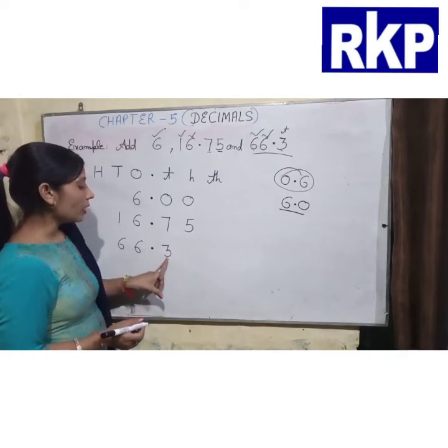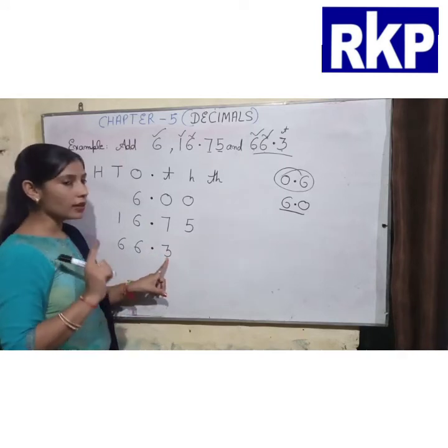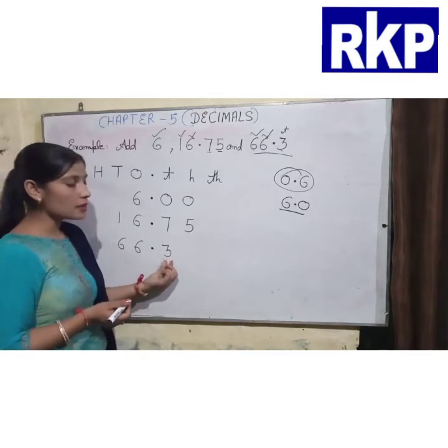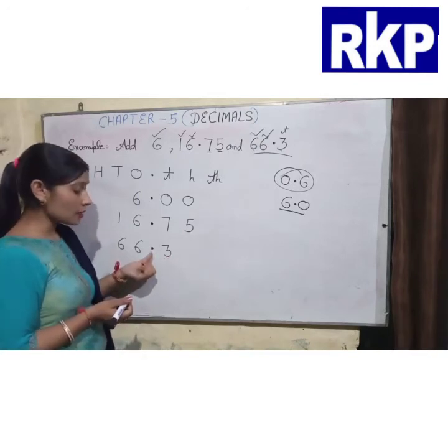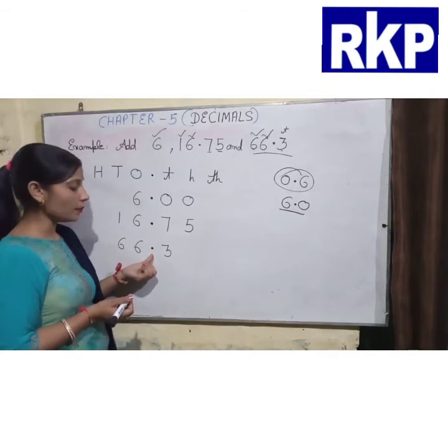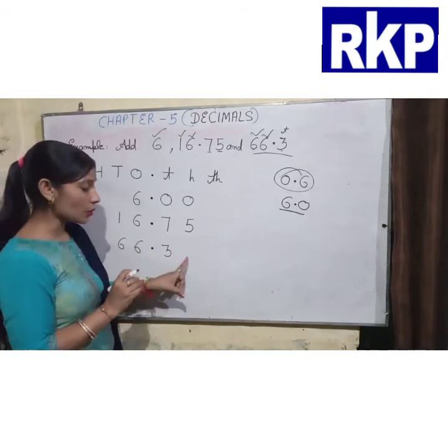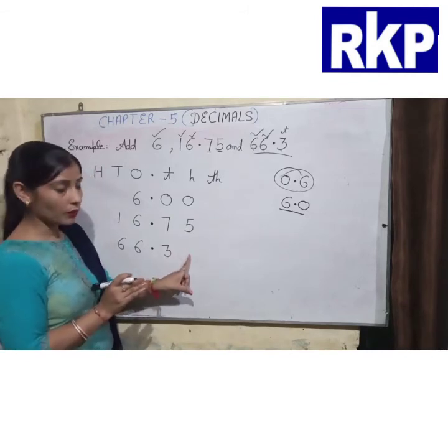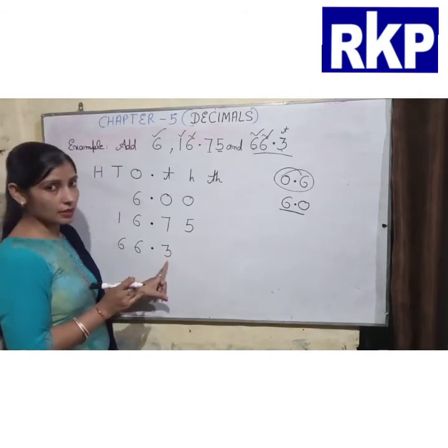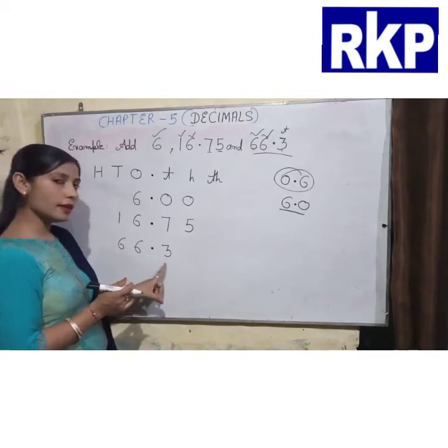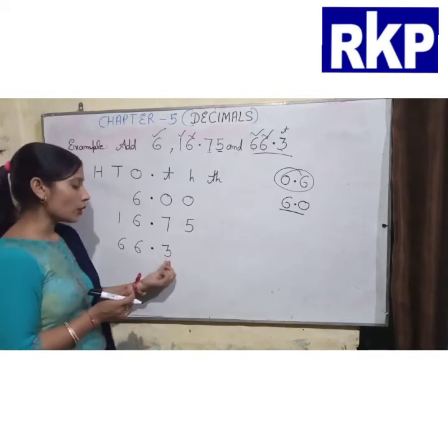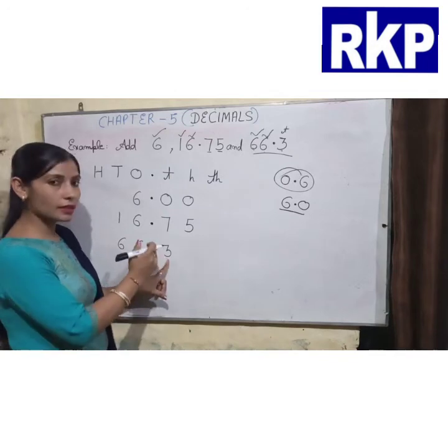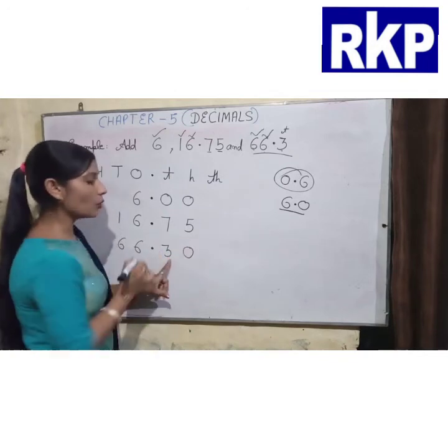Now here we have only 3, means only 1 digit. So here we have to put 0 after this 3, not after this decimal point beta. Okay, we have to put 0 after the last digit which is after decimal. So here after decimal 3 is the last digit, so we have to put 0 here.